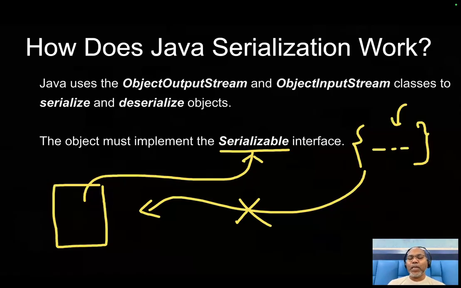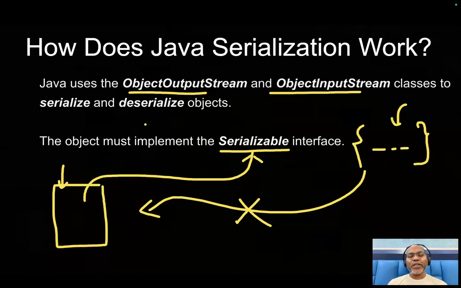Just implement the Serializable interface. Now at least the JVM knows this object is part of serialization. By default, Java supports serialization. Even if you do not mark anything, just mention that your class implements the Serializable interface, and everything else is taken care of by the Java Virtual Machine, JVM. But the question is, then why these two classes?